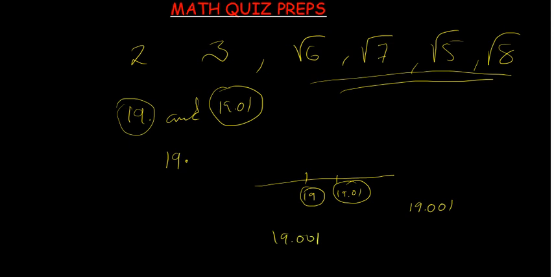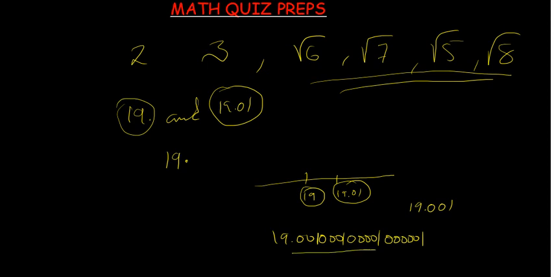So we have got two zeros here, and then 0001, and then 00001, and then 000001. So there's no proper pattern here. Remember, a rational number is a number that is repeating and it has got a proper pattern.